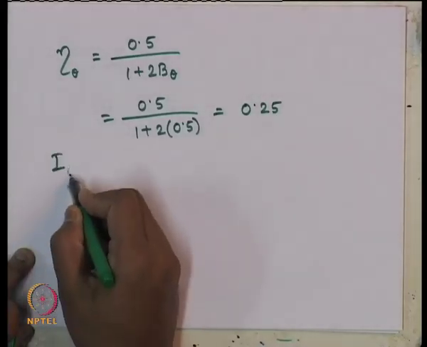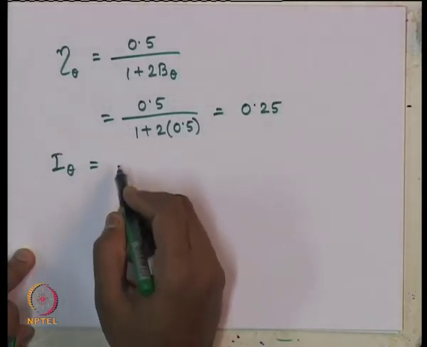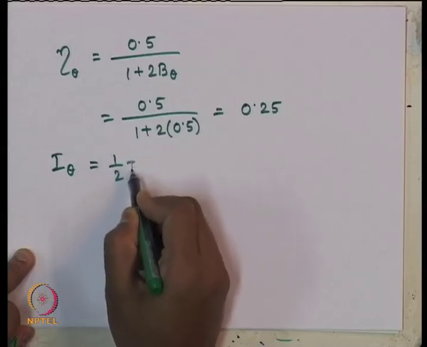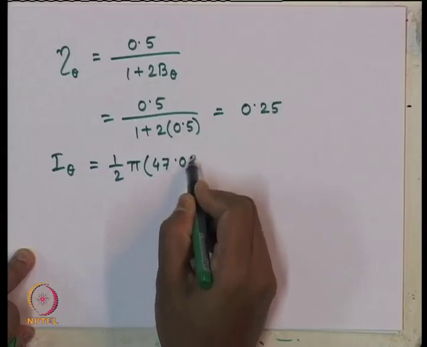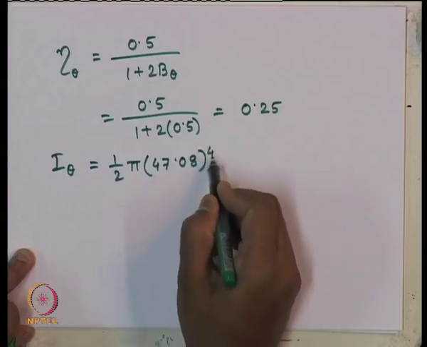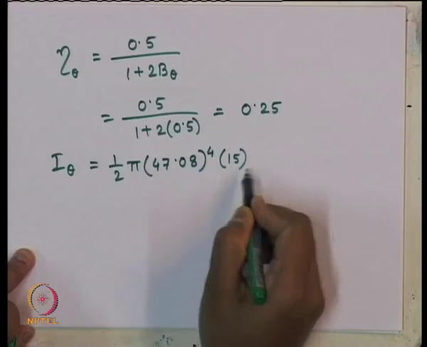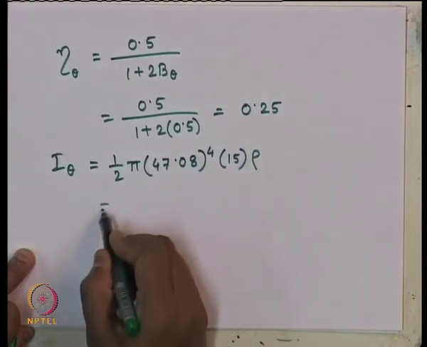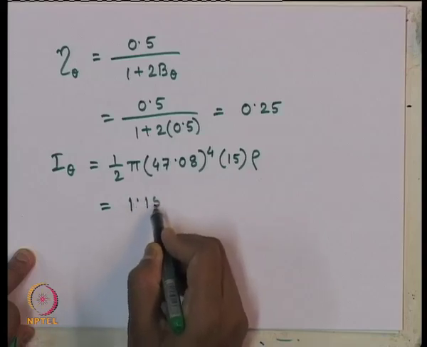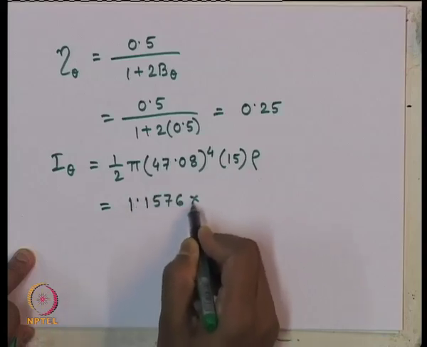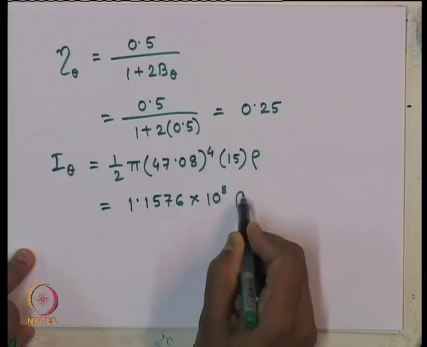And I theta is how much? Half pi into 47.08 to the power 4 times 15 times rho, which is giving us 1.1576 into 10 to the power 8 rho.